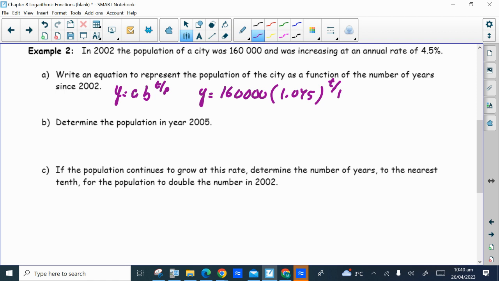So to determine the population in the year 2005, that means that it will have grown for 3 years. From 2002 to 2005, that population would have increased for 3 years.